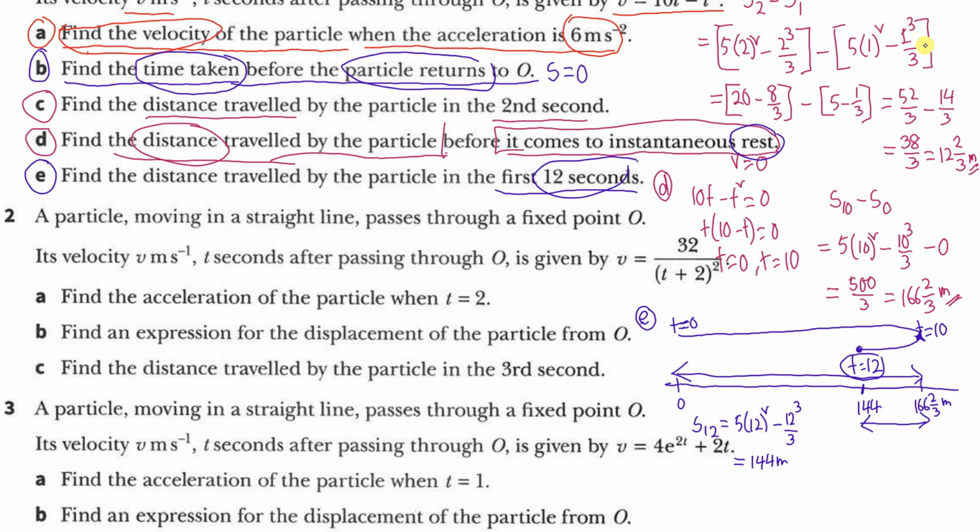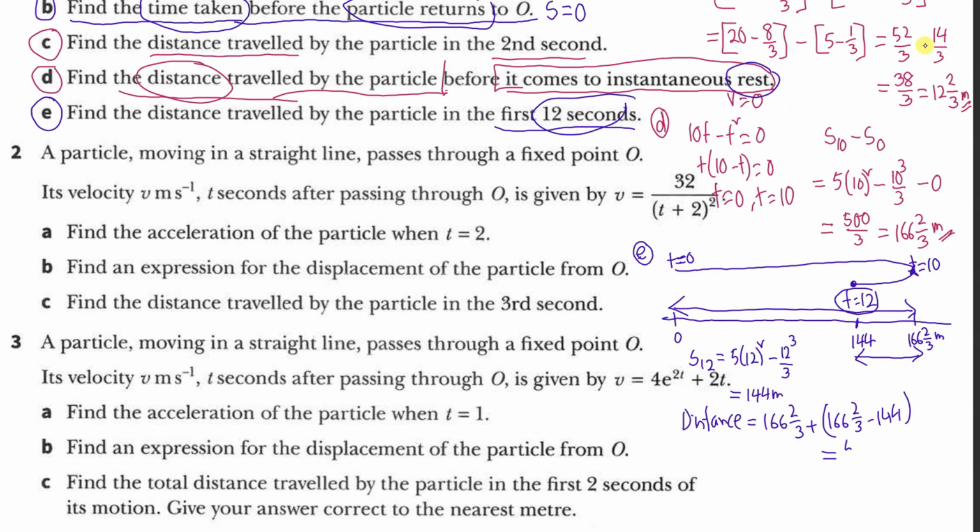So we can write here distance: the first 10 seconds it crosses a distance of 166 and 2 by 3, then the difference between these two values, which is 166 and 2 by 3 minus 144, is that distance. If we add these two values together, then we will get 568 by 3, or we can write it as 189 and 1 by 3.